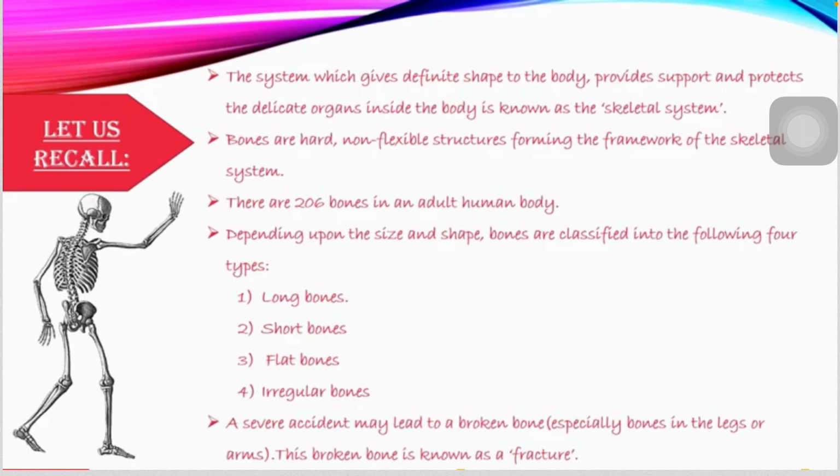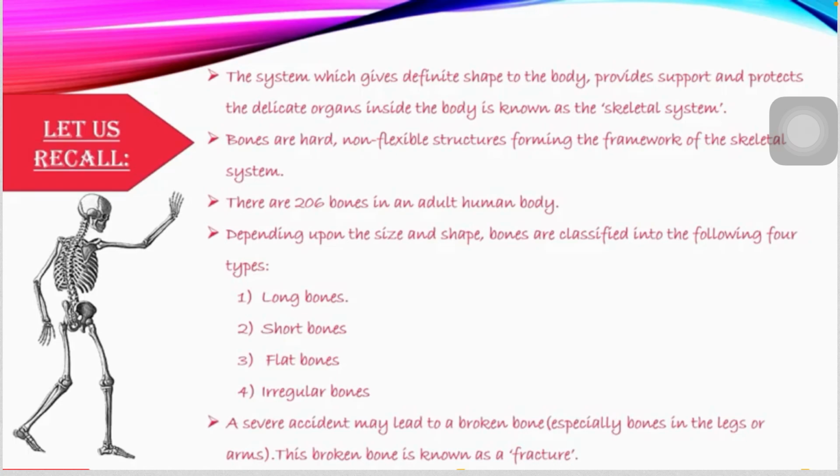Bones are hard, non-flexible structures forming the framework of the skeletal system. There are 206 bones in an adult human body. Depending upon the size and shape, bones are classified into the following four types: long bones, short bones, flat bones and irregular bones.